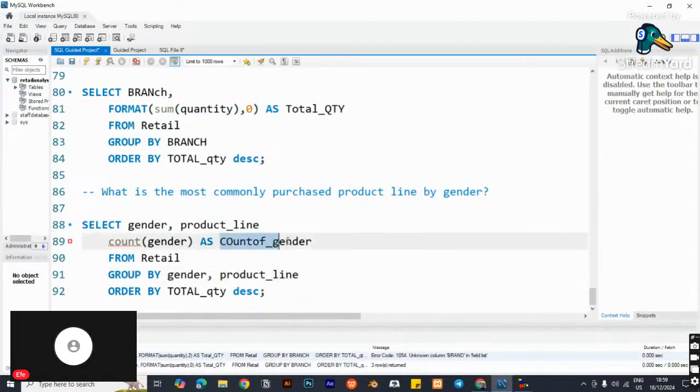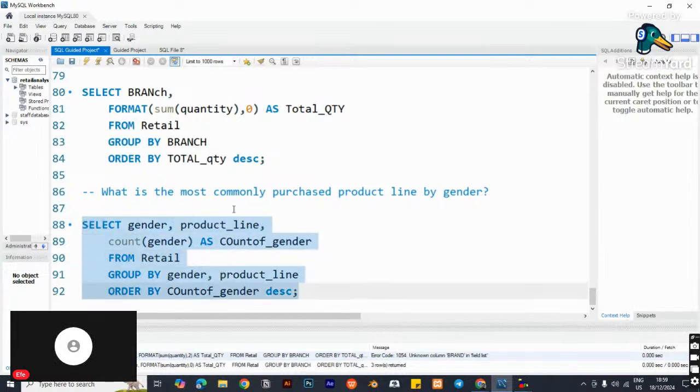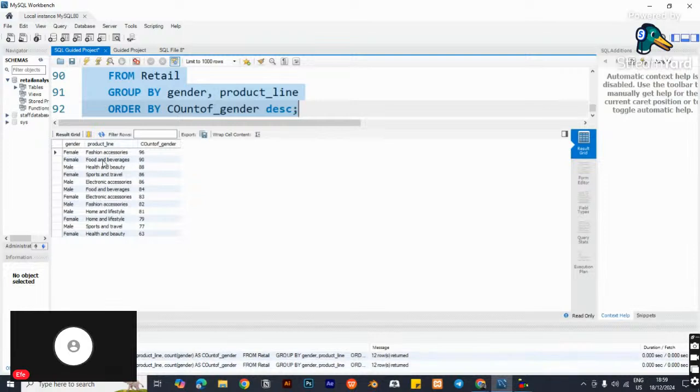Order by count of, okay, there's a comma supposed to be here. All right, so this is it. So we can run the query. All right. So this is it.